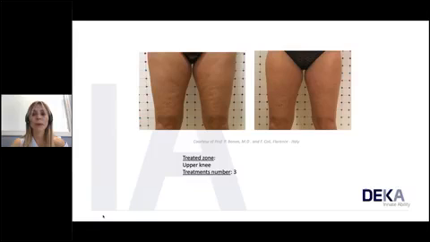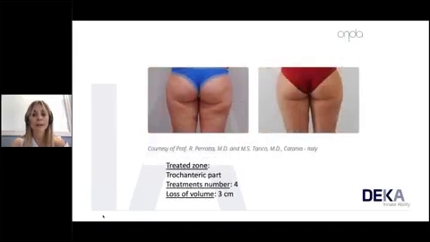Also in this case, we had an improvement in cellulite. We had an improvement in skin quality in general and loss of circumference after 3 treatment sessions. And again, a loss of volume, or a loss of circumference, of 3 centimeters after 4 treatment sessions.